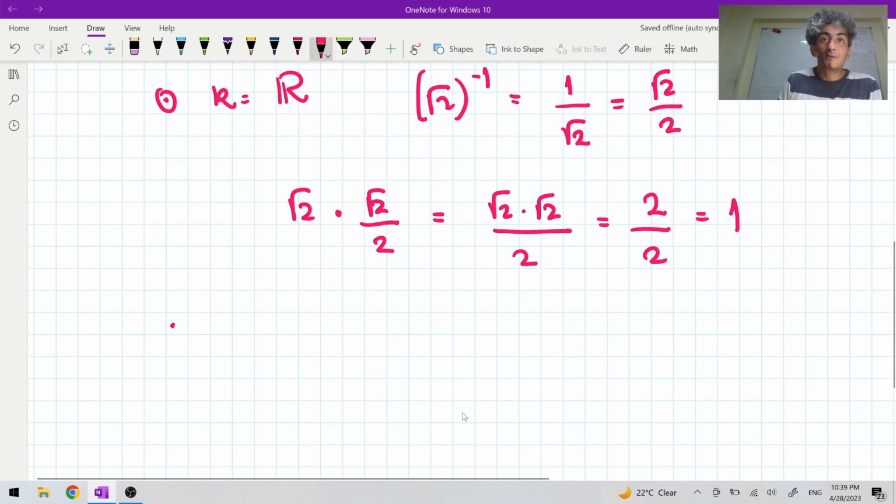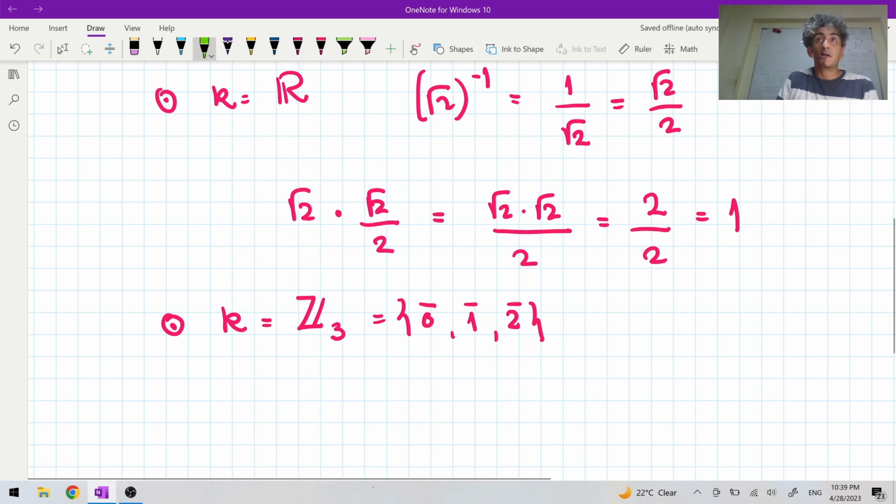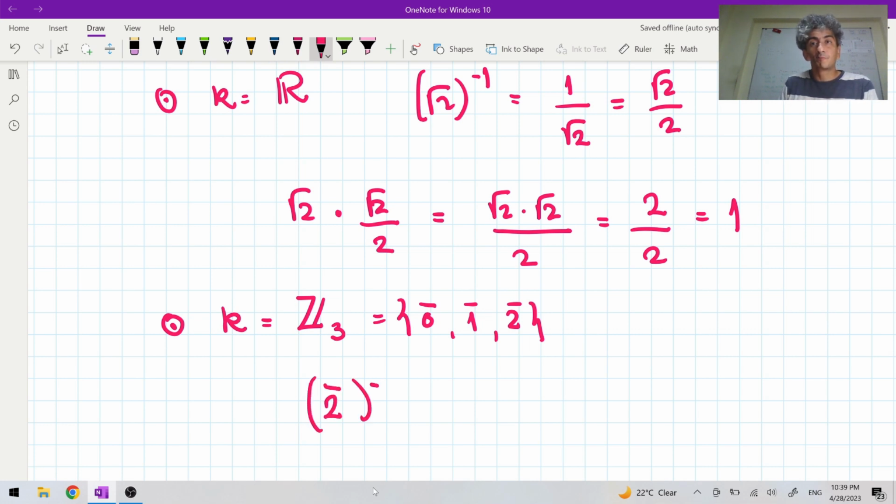And then we have the examples that come from finite fields. Take the set of 3 elements: the class of 0, the class of 1, and the class of 2, the remainders of dividing by 3. Here multiplication is obviously commutative, and we also have inverses. Say the inverse of 2 is actually the class of 2, since if you multiply these together, what you get is 2 times 2, which is the class of 4.